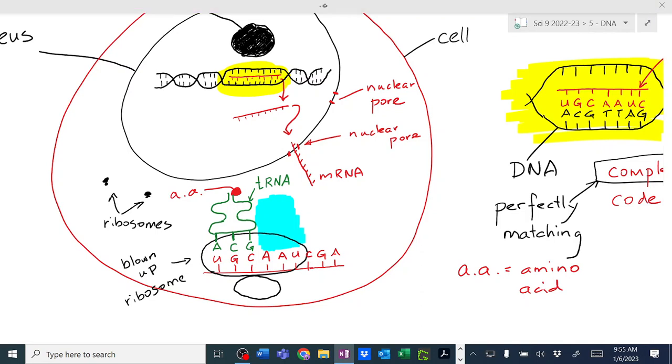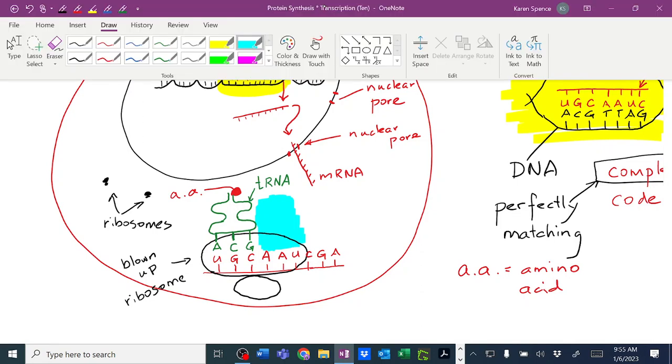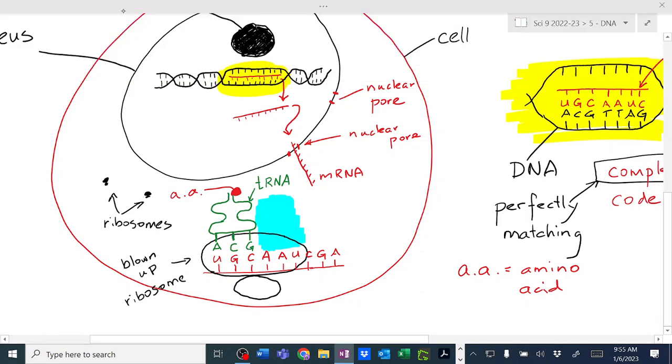So what is our anticodon in this case? What are the letters for the anticodon? I have an A, so it's going to be U, and then U, and then A.